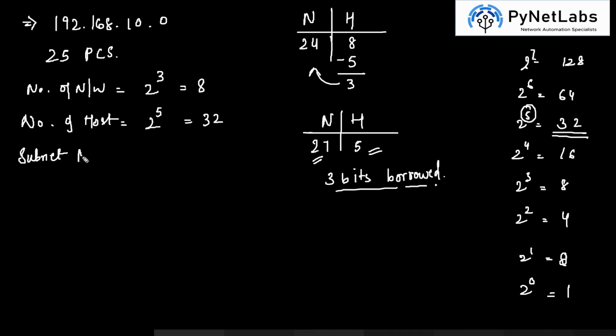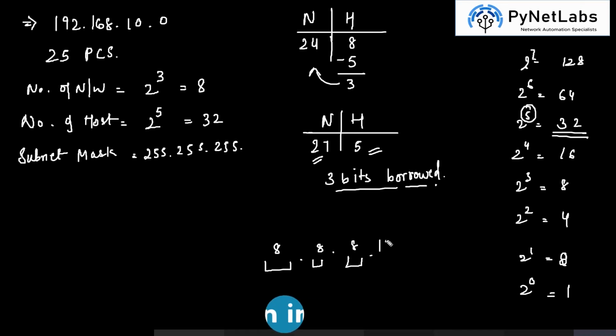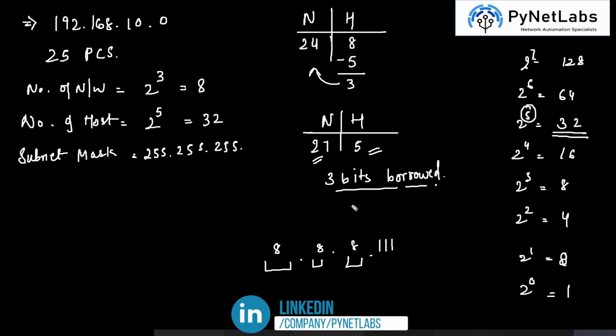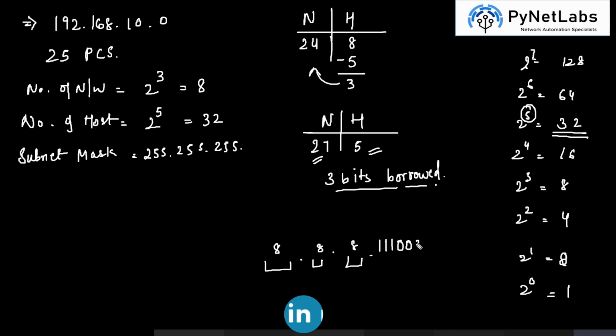Now in this case, for the first 3 octets which are of 8 bits, the subnet mask will remain same as default, which is 255.255.255, and the third octet is made up of 3 network bits which were borrowed from host, and the rest of them are still the host bits.